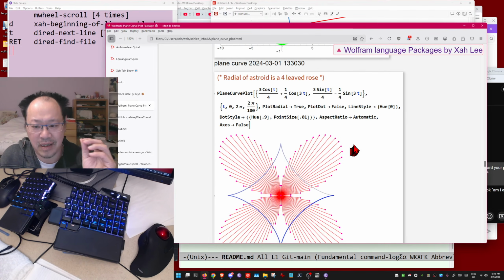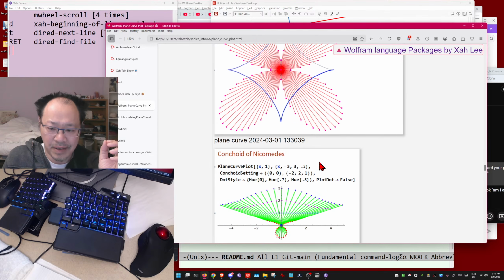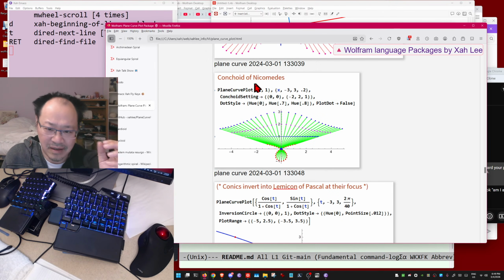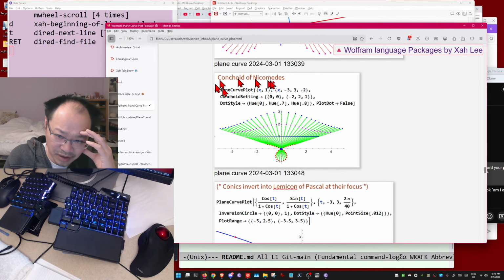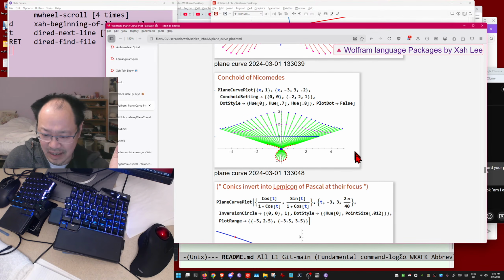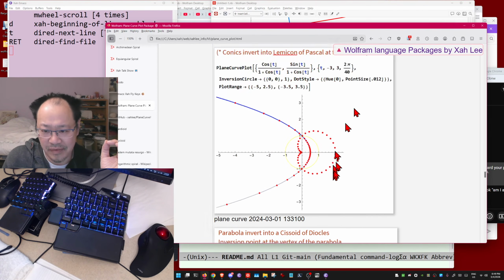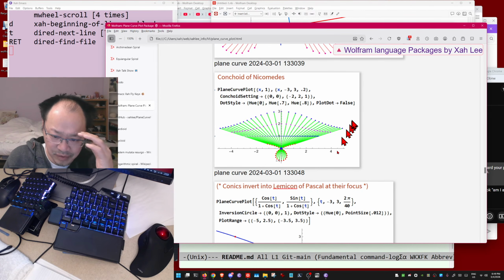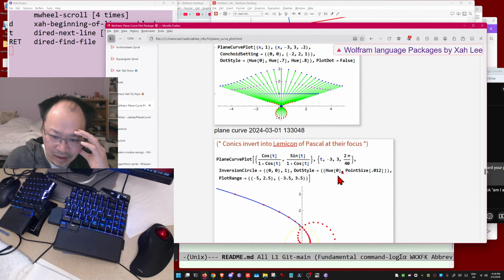I'm not going to explain because I'm kind of tired and drunk. And there's the conchoid of Nicomedes. That's another way to generate a curve. Again, it can be done by this package to illustrate it.